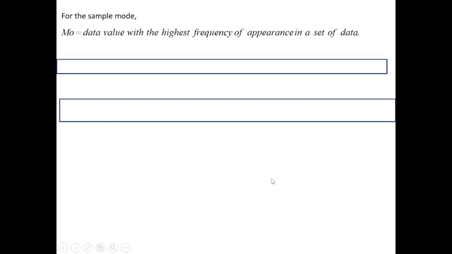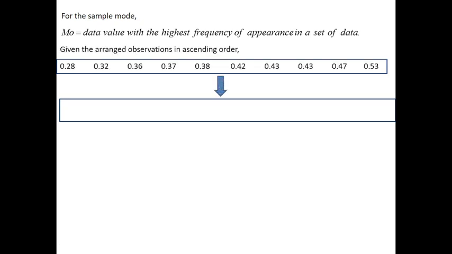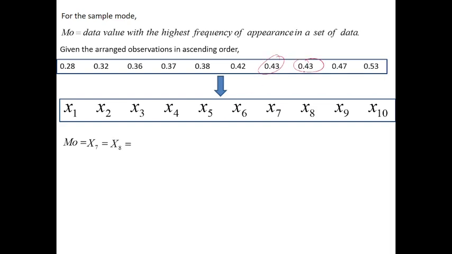Now for the mode, the data value with the highest frequency of appearance in a set of data. Given the arranged observations in ascending order, which is the data value or observation with the highest frequency of appearance? So the mode is x sub 7, equal to x sub 8. So that's the mode. The highest frequency is 0.43, isn't it?